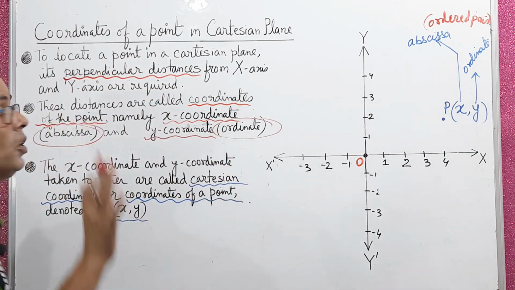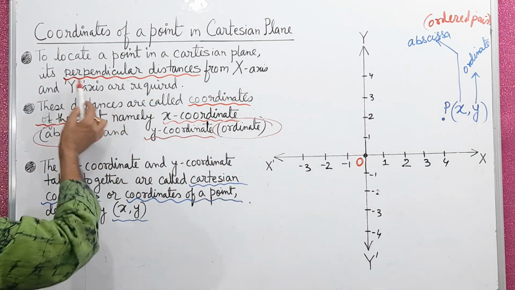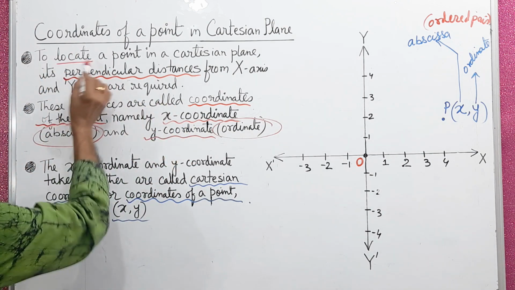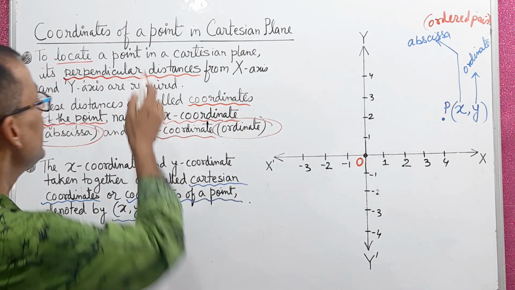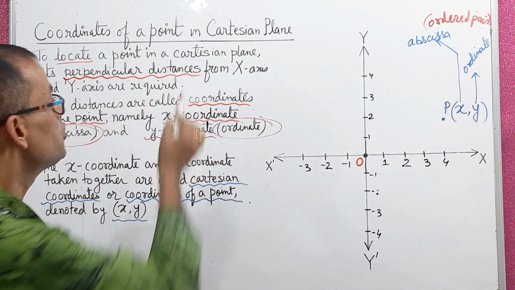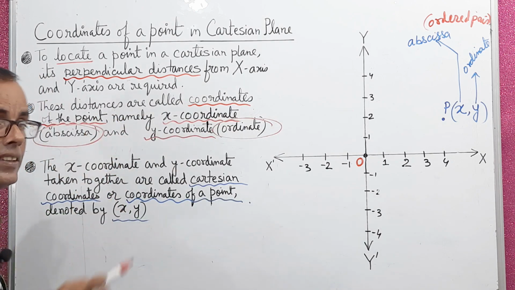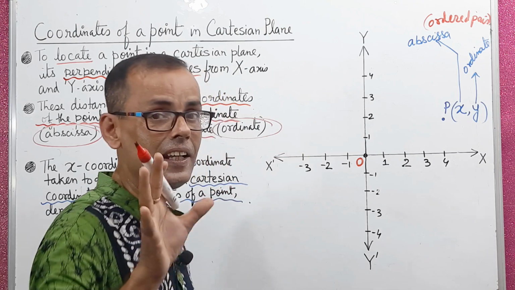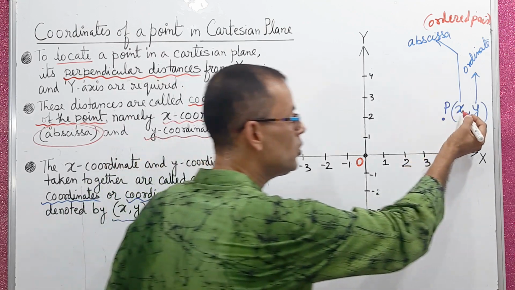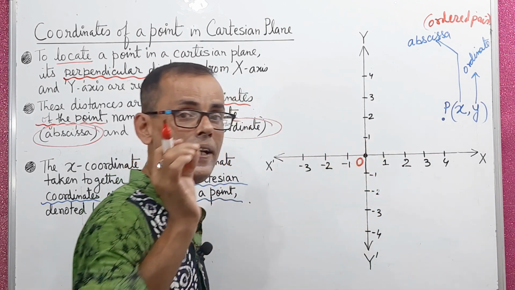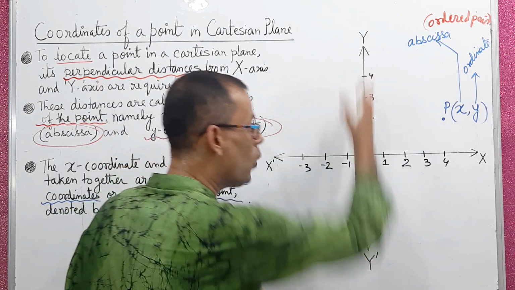Now the last thing we will understand. In the beginning I said that to locate a point in a Cartesian plane, we have to see the perpendicular distance from the x-axis and y-axis. So what is this perpendicular distance? Let us understand that more nicely. To find out the x coordinate or the abscissa, we have to take the perpendicular distance from the y-axis.